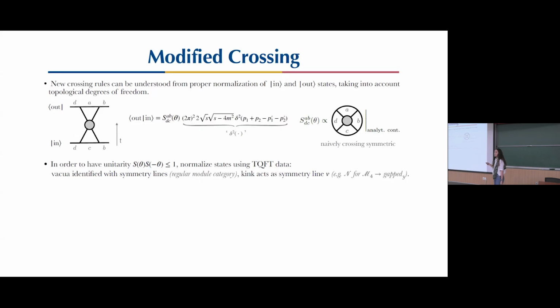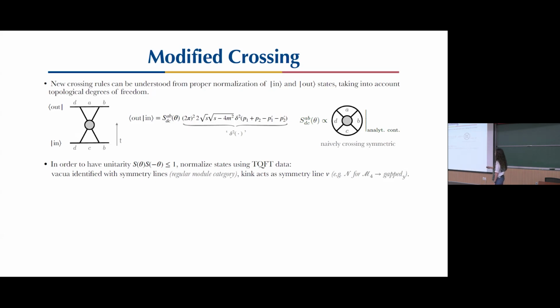And the point here is that in order to have unitarity of the amplitude, we should normalize our in and out states to 1, up to the momentum conserving delta functions. And to do this, we can use what we know about the TQFT data. So we know that if we're in this case in which we break spontaneously all symmetries, we can identify the vacua with symmetry lines.